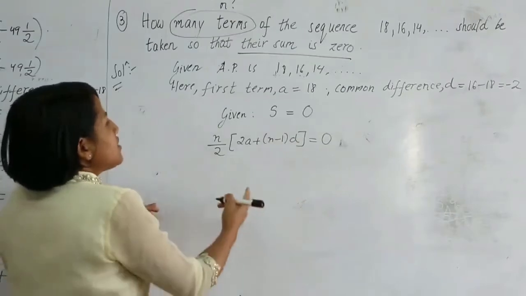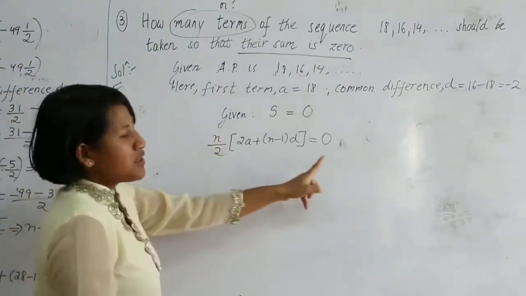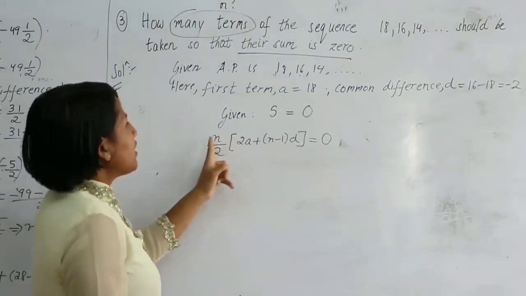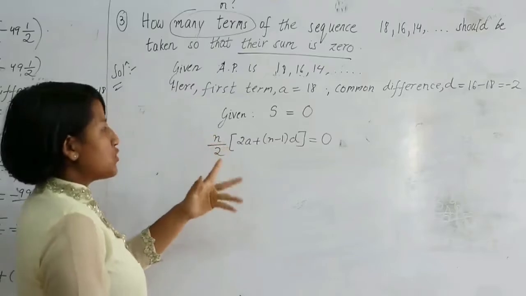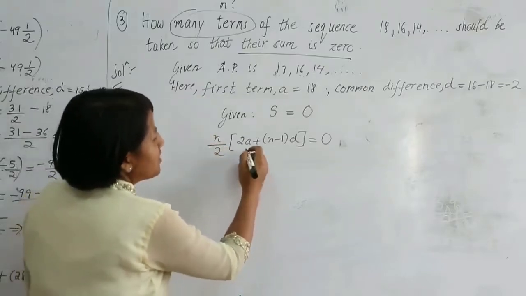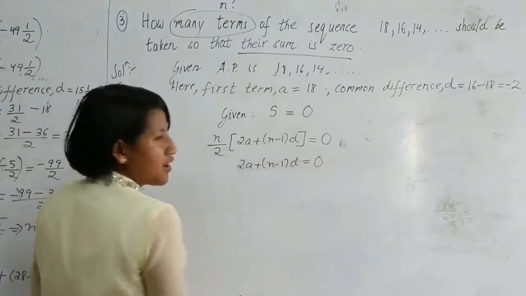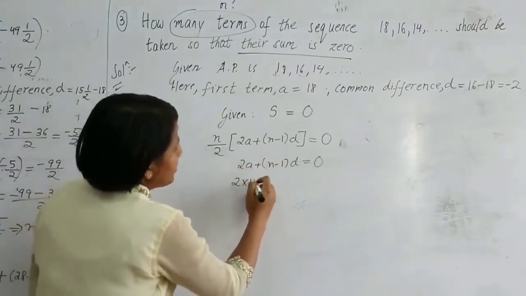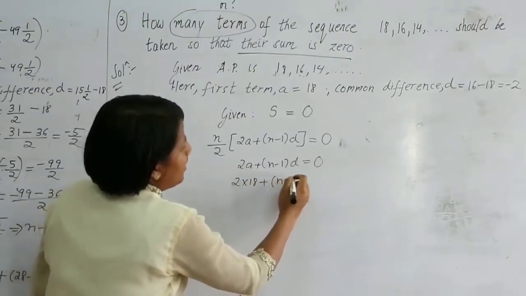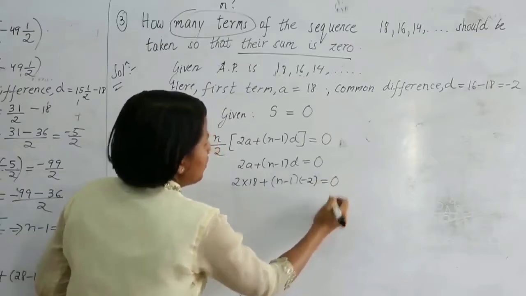Now since n by 2 cannot be 0, because n cannot be 0, natural numbers are 1, 2, 3 and so on, so only this term will be 0.